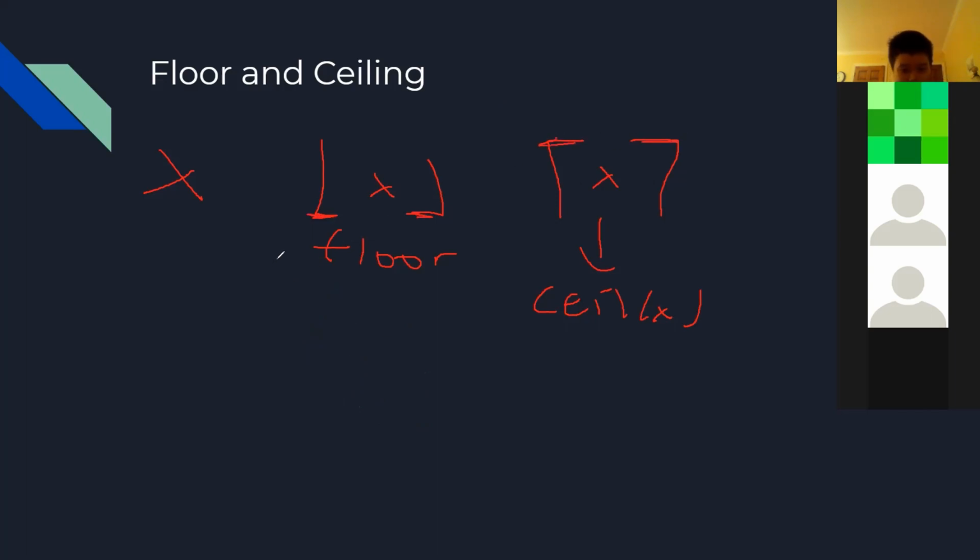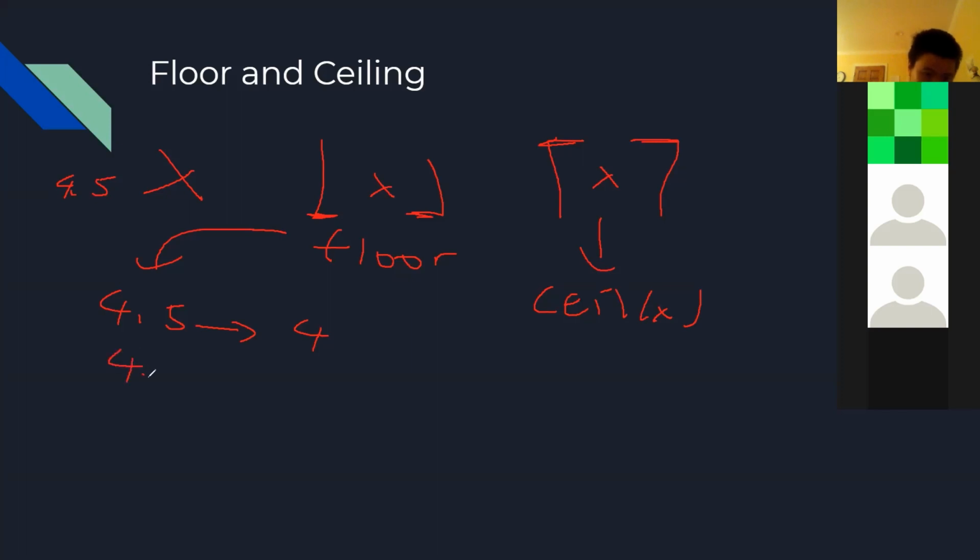What a floor basically does is, let's say x is 4.5, it goes to 4. It rounds down a number to the nearest integer that's less than x.